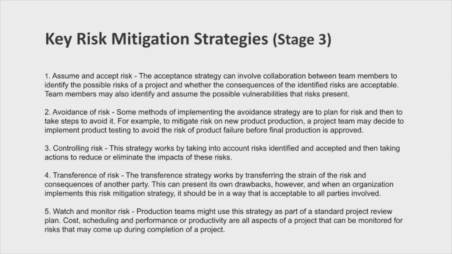The fourth one looks at transferring the risk. Now, transferring the risk really says we're not reducing it, we're just putting it on someone else. So when we buy insurance, for example, insurance is an example of transferring the risk. There is a risk that as we take a car out and drive it down the road that we're going to have an accident.